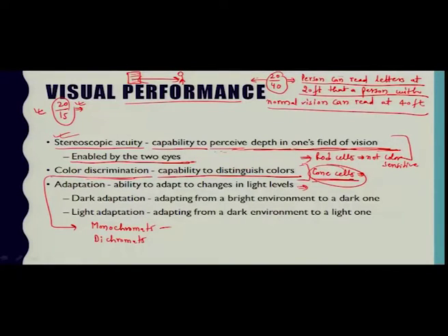Like the instances of complete color blindness. Color blindness means the people who can only see the various shades of gray but not colors. So no color is identified, that is monochromats. Dichromats are those in the condition where the partial color blindness is there.